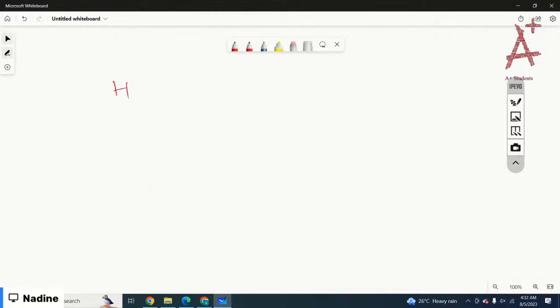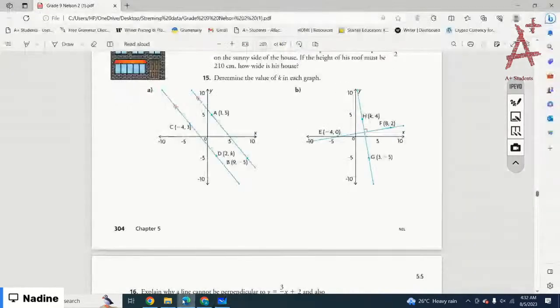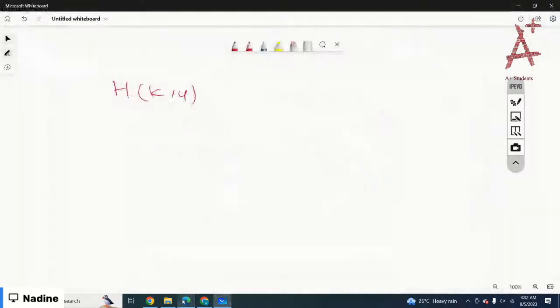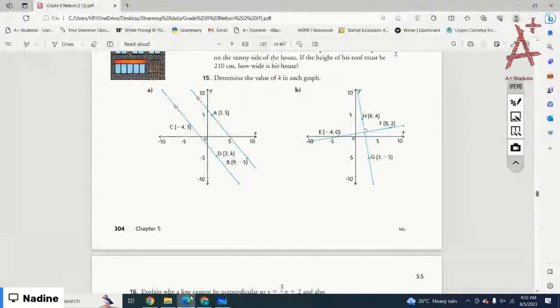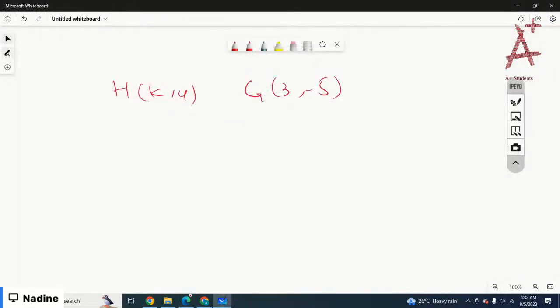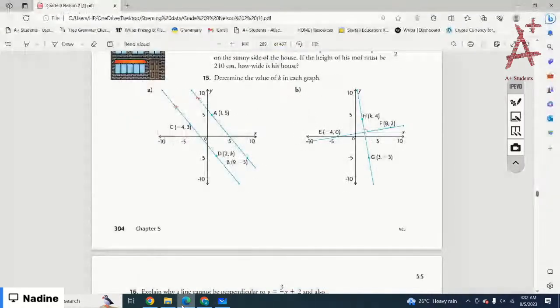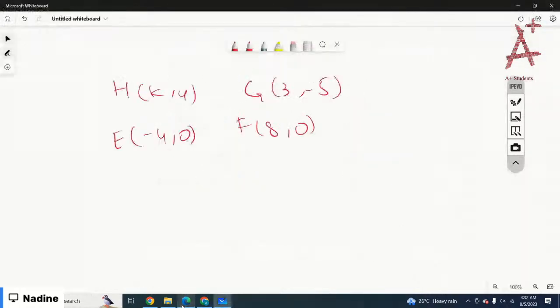H is (3, K)... G is (3, -5). E is (-4, 0). F is (8, 2), not 0.